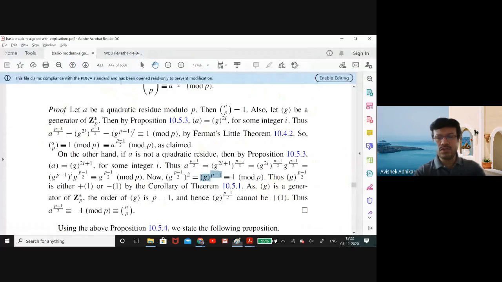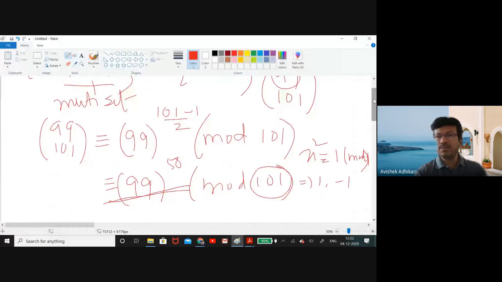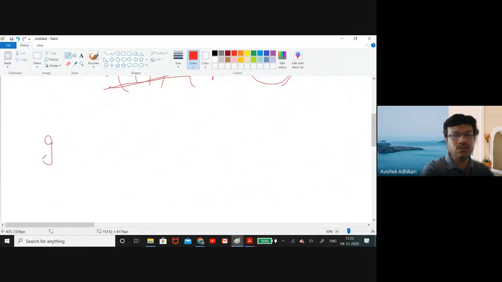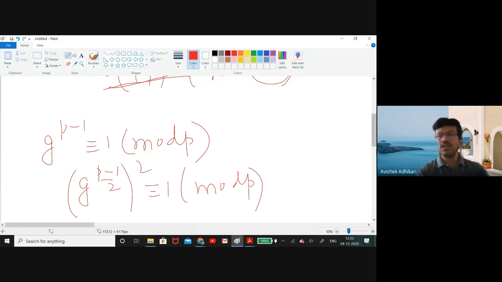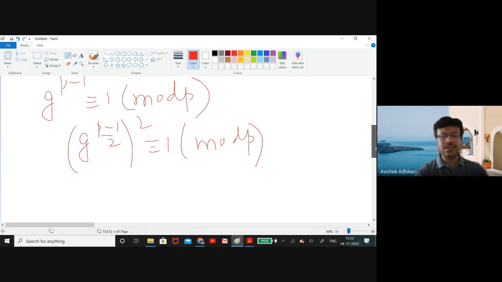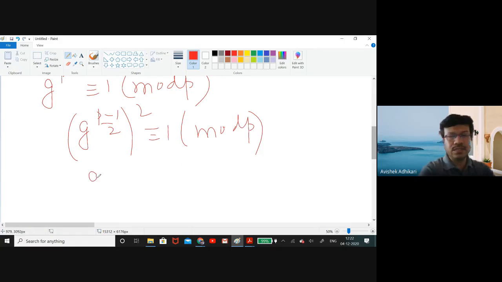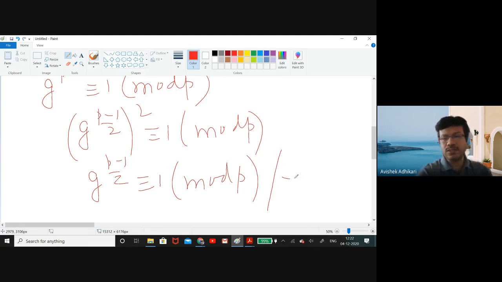So here also, G to the power P minus 1 is congruent to 1 mod P, so you can write it as G to the power (P minus 1) by 2, whole squared, congruent to 1 mod P. So what will be your conclusion? This square root will have exactly two solutions: either G to the power (P minus 1) by 2 is congruent to 1 mod P, or minus 1 mod P.